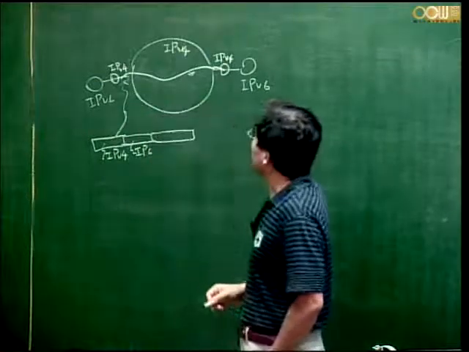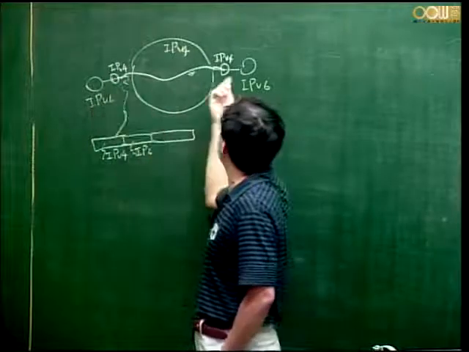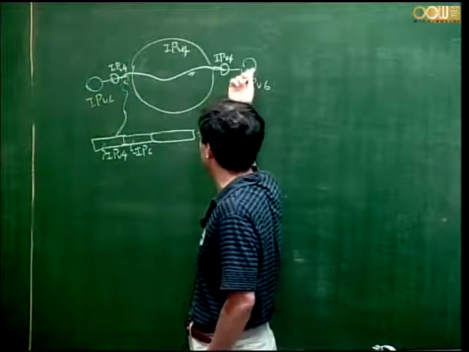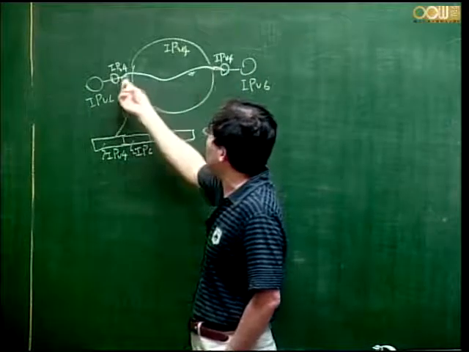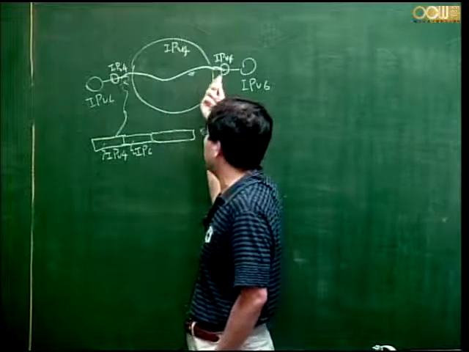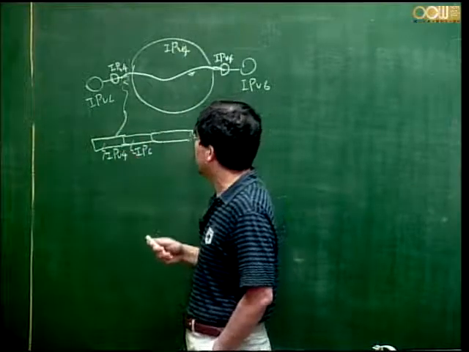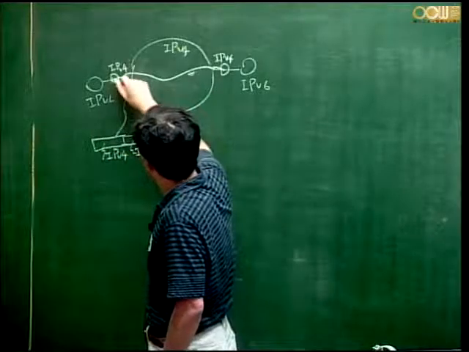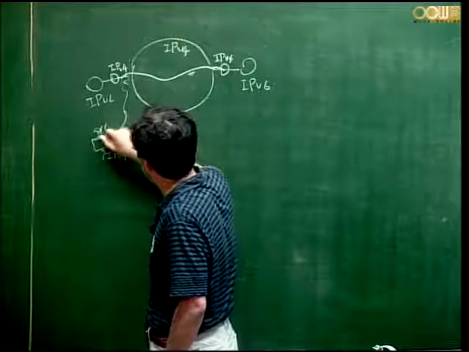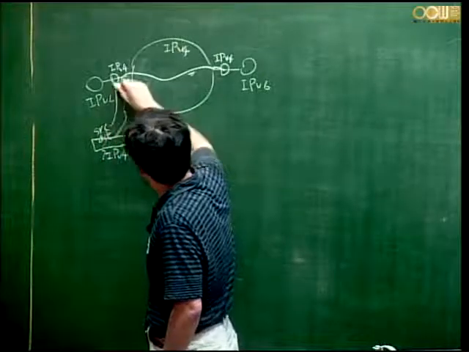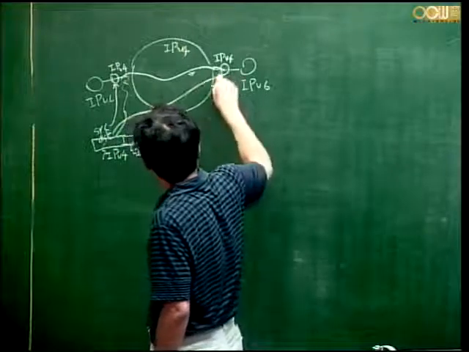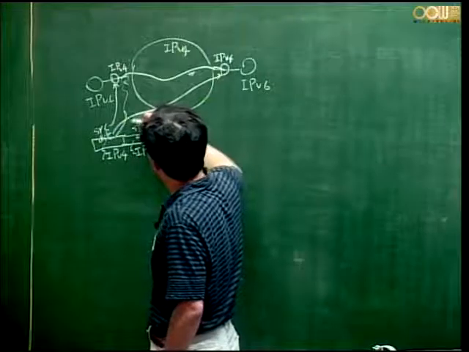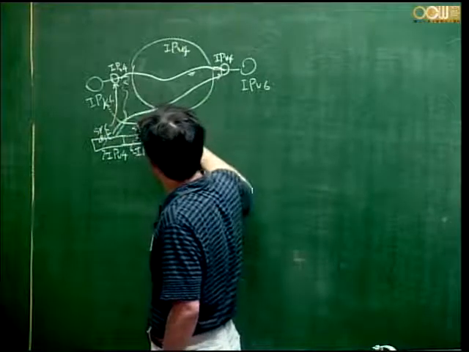Okay, so in order to enable these two IPv6 hosts to talk to each other, we need to have a tunnel between these two v4 addresses. So we add another IP header here. There will be a source address and destination address. How about this? There's also a source and destination here. The source will be this, and the destination will be this.